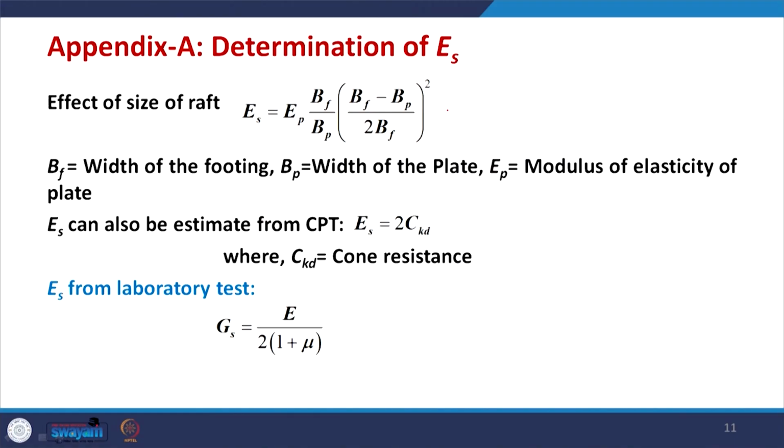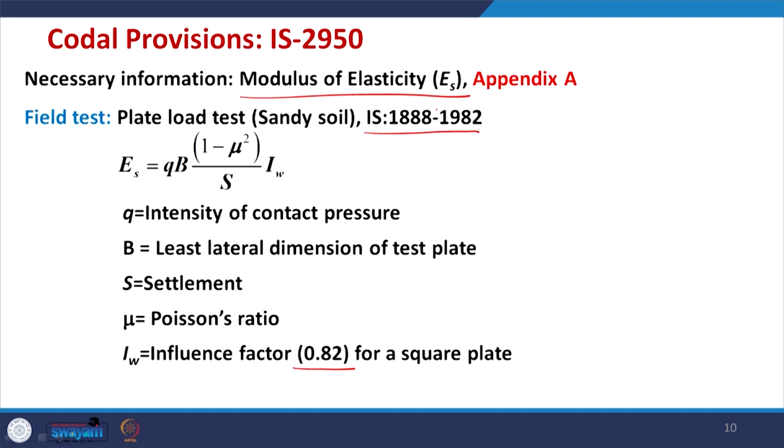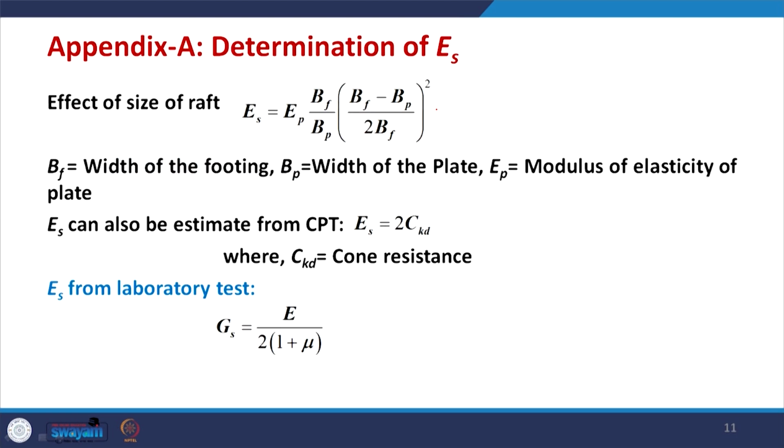The code says that the effect of the size of the raft can be taken care of by this equation, where ES is for the raft and EP is for the plate, and BP and BF are the widths of the plate and the footing. Using this equation you can find the Young's modulus applicable to the footing. The earlier relation gives the value of EP, and then you can put it in this relation and get the value of ES.